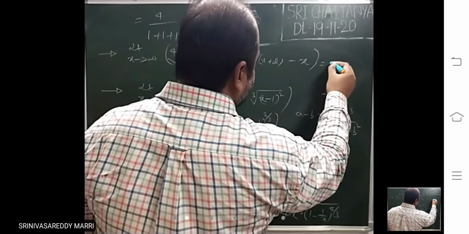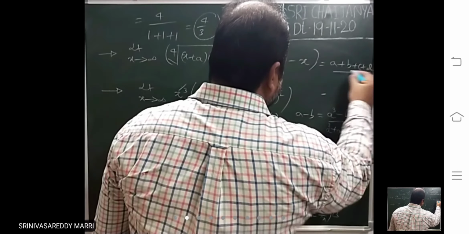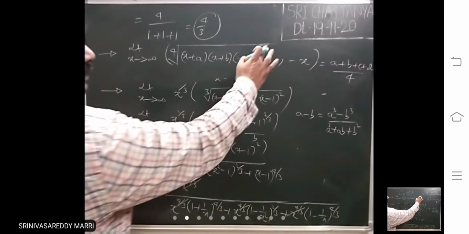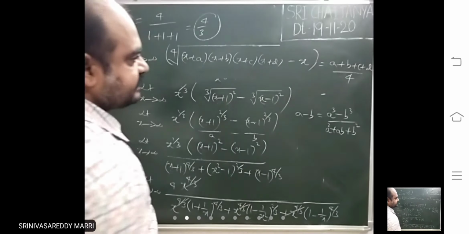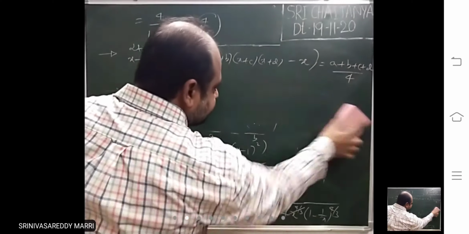You remember the formula: a plus b plus c plus d divided by 4. So this is only for this type, not for x. You try this one.